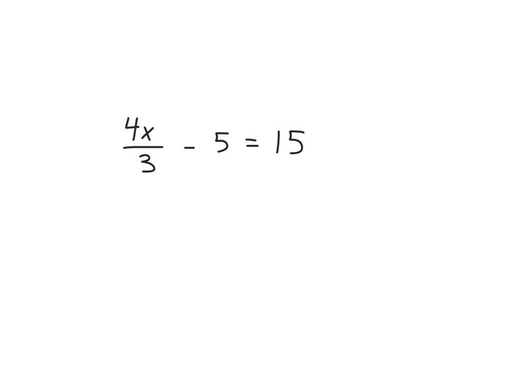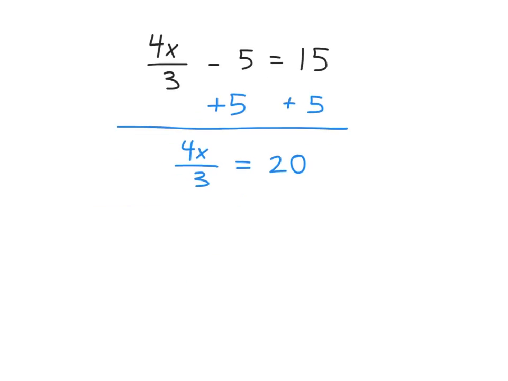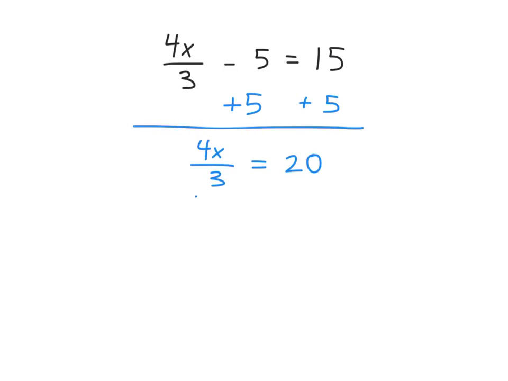So to remove that minus 5 from the equation, I'm going to add 5. And when I do that, I get 4x over 3 equals 20. Now, you have two options when you're trying to solve this. You can think of it as a fraction, 4x over 3 equals 20, and say I'm going to multiply by the reciprocal because I have 4/3 here, so I'm going to multiply by 3/4.